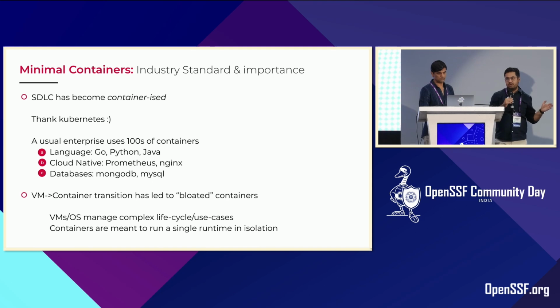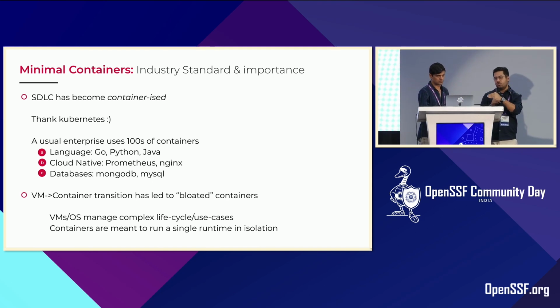The base has gone from a VM to a Kubernetes control plane, and that control plane runs a bunch of open source and a lot of containers. So everything from your languages like Python, Java, Go, you use them as containers. Your cloud native stuff for observability like Prometheus, Nginx are also containers. The databases, MongoDB, MySQL are also now being consumed as containers.